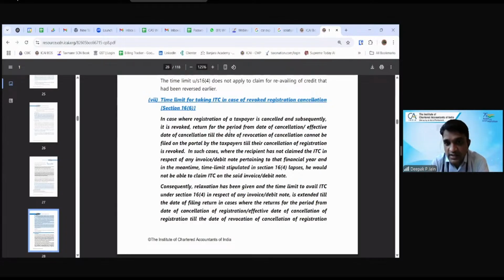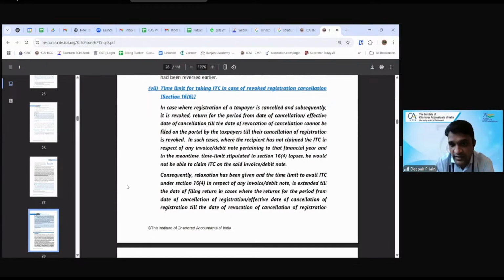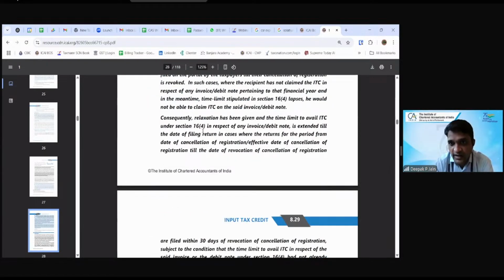So in such cases, where the recipient has not claimed the ITC in respect of the invoices pertaining to that financial year, the time limit stipulated in 16(4) will lapse. He would not be able to claim. Consequently, a relaxation has been given and the time limit to avail ITC under section 16(4) in respect of an invoice or debit note is extended till the date of filing return, in cases where the returns for the period from the date of cancellation till the date of revocation are filed within 30 days.